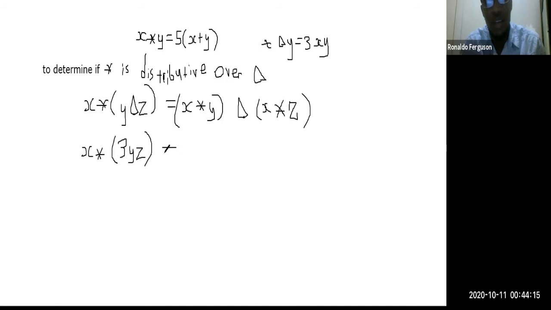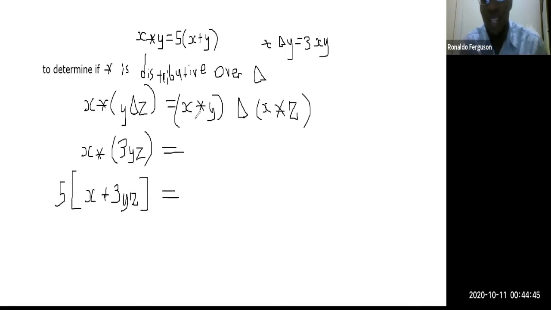Now x star y is going to work out to be 5 times the sum of x and y. So it is 5 times the sum of x plus 3yz. So 5 times x plus 3yz. Alright, so that's the left hand side.